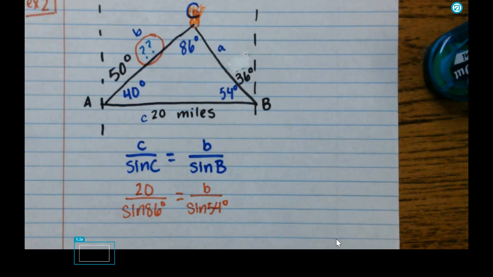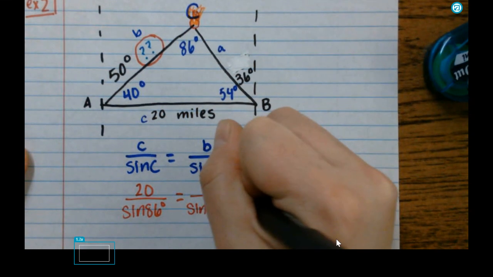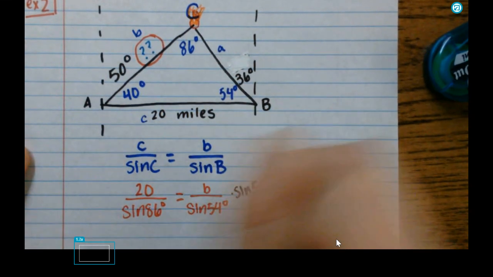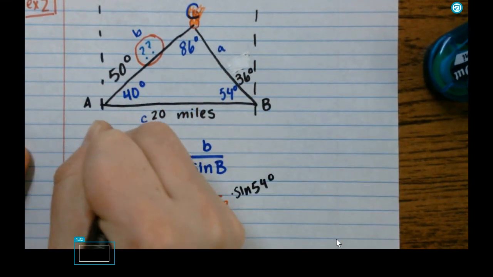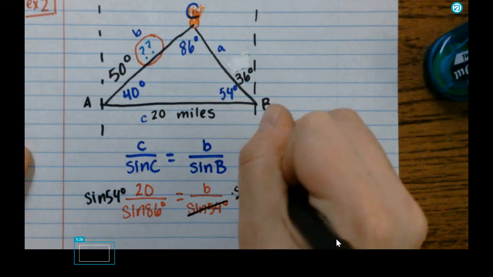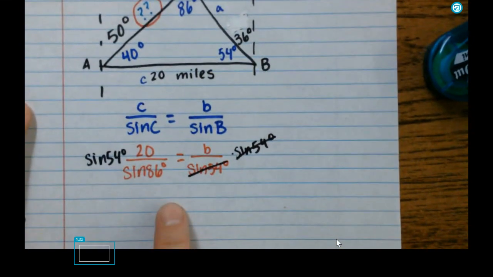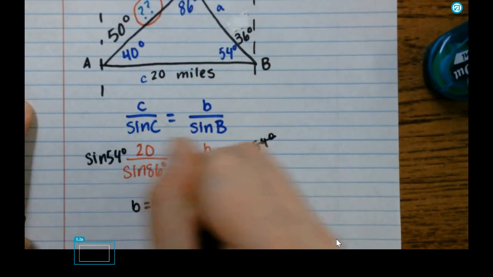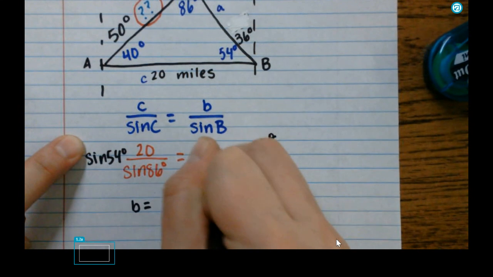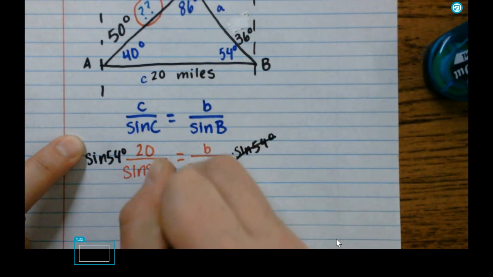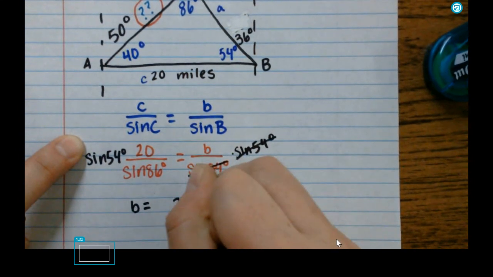Before we solve that, does anyone have any questions? Okay, I can multiply by sine of 54 on both sides. So these cancel, and then I have that little b just equals 20 sine of 54 over sine of 86.